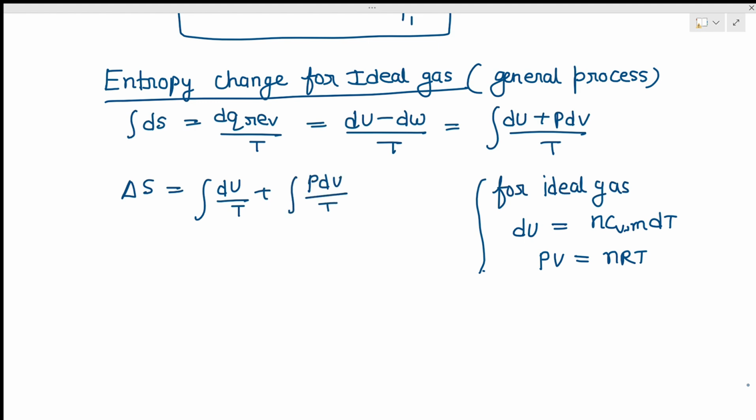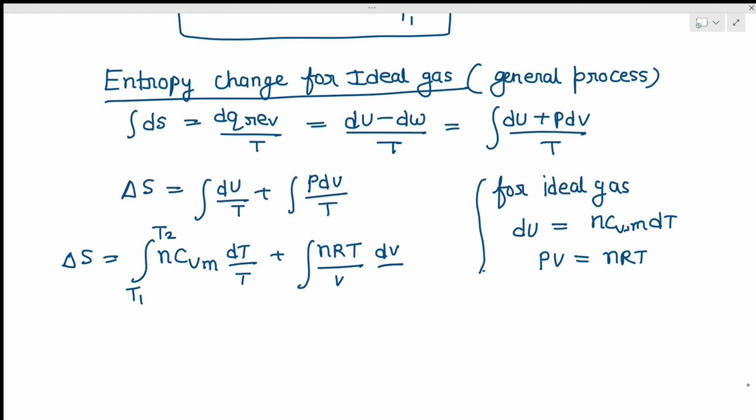Okay, now delta S will be equal to, put here the values, n Cvm dT by T, with limits T1 to T2, plus the integration of nRT upon V dV upon T, that is nR dV upon V, with limits V1 to V2.